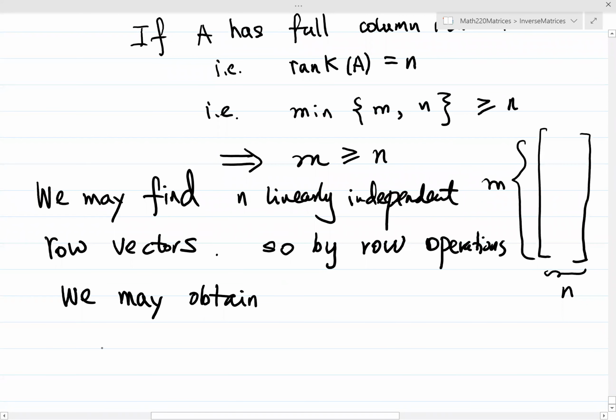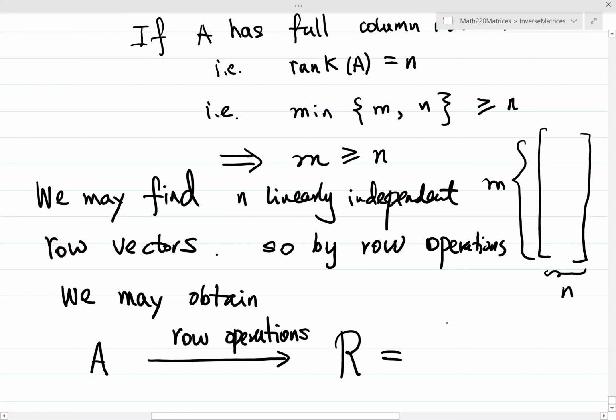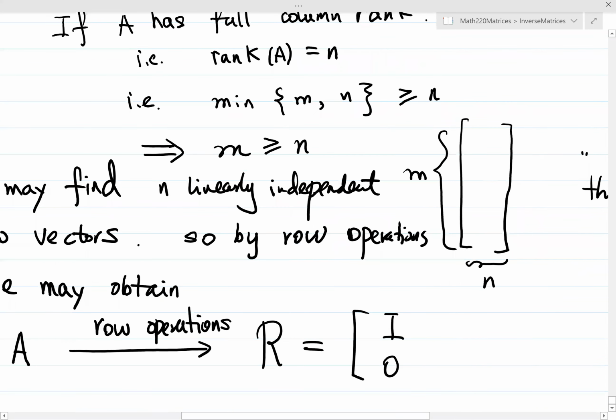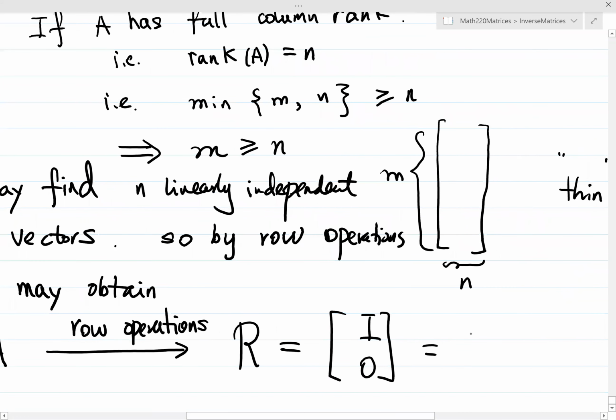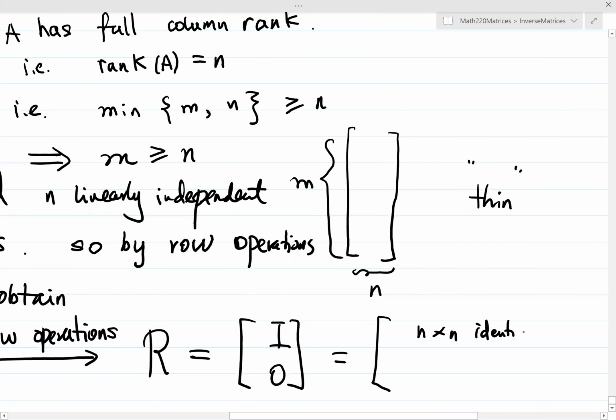Remember the 3 types of row operations. We transform it to this matrix R, which has the identity matrix here and 0 here. Here I is the n by n identity matrix, and here this is the 0 matrix, with m minus n rows of zeros.